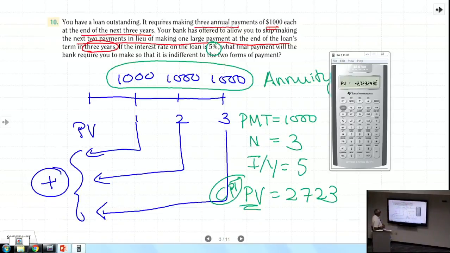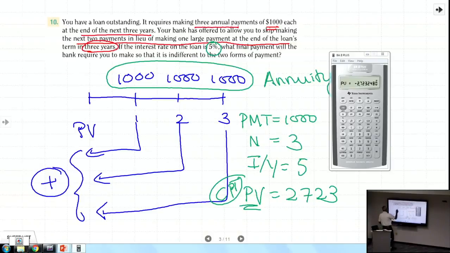The problem also says that if the bank allows you to skip the next two payments, what is the final payment that the bank will require?